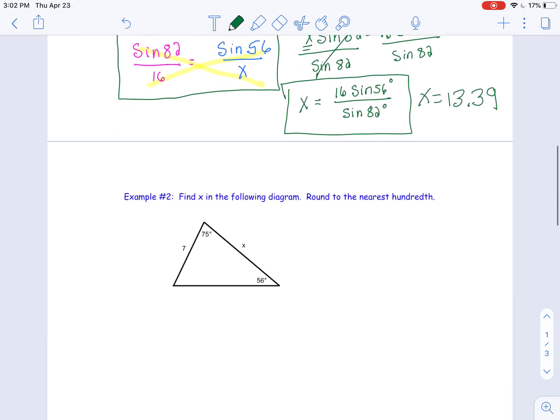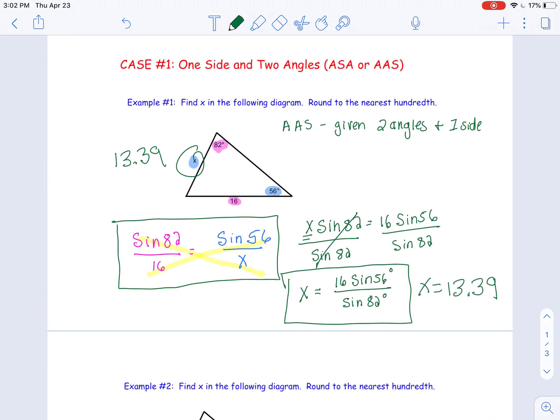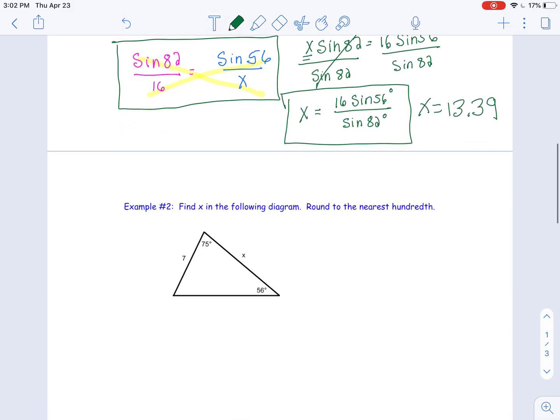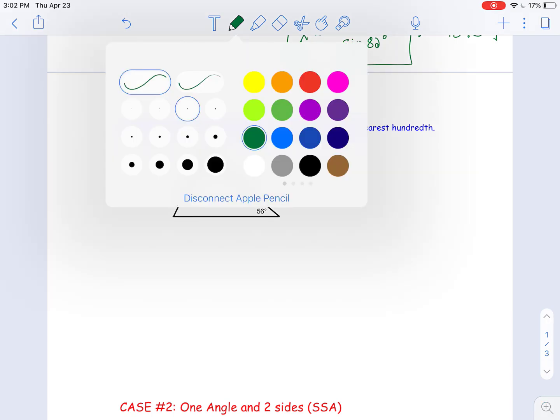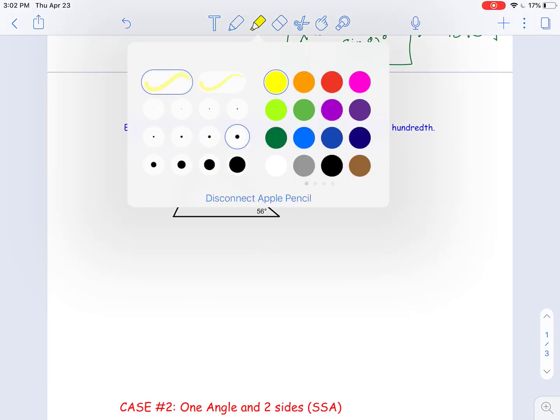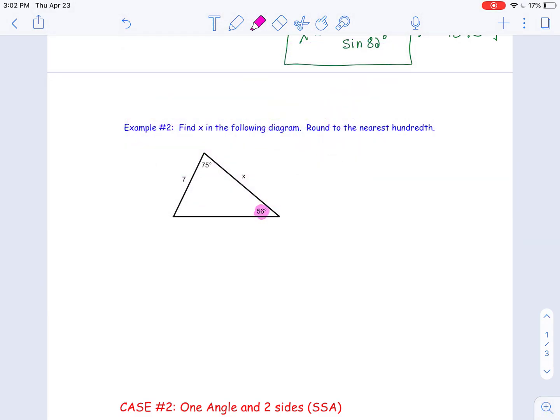I want to do another example. Here we're given two angles and a side as well. This one's a little different because we're not given the angle that we need to work with. If I highlight what I know, I'm given this angle and this side, so I can use that as one of my ratios: sine of 56 degrees over 7.